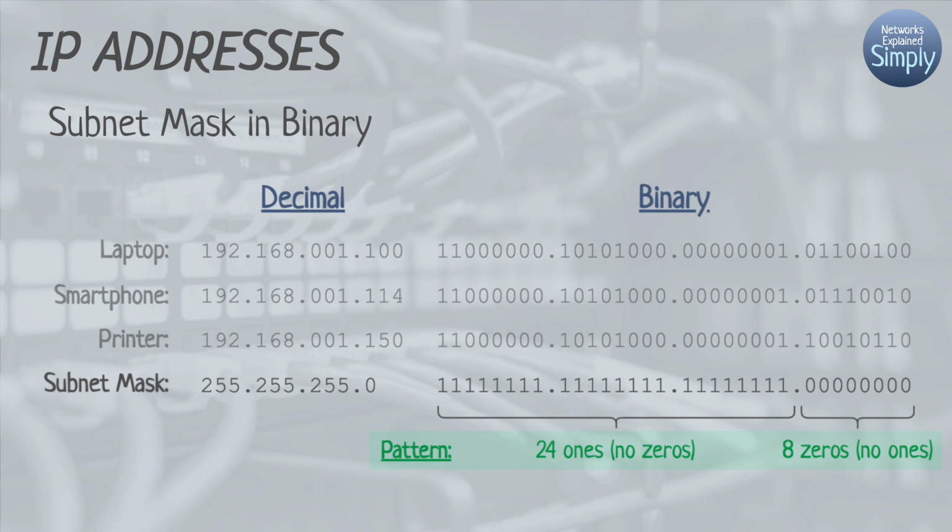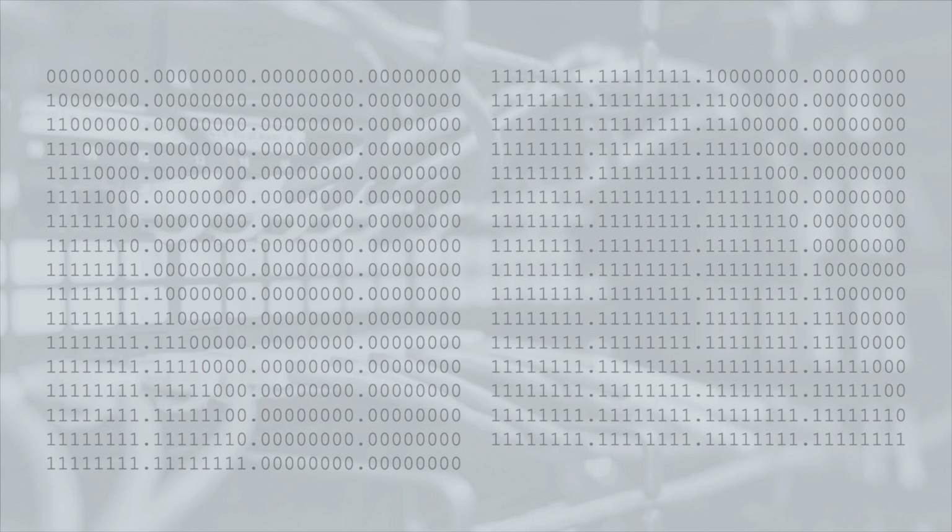As it turns out, this pattern is a rule for the subnet mask. When read in binary in its entirety, the subnet mask is always a series of uninterrupted ones, followed by a series of uninterrupted zeros. Here are all of the possible subnet masks shown in binary.